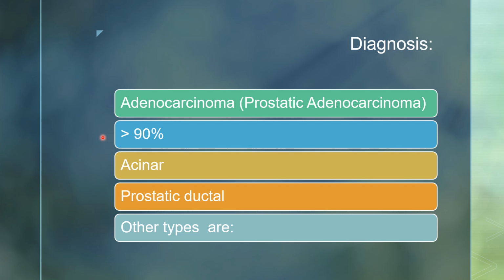You can almost close your eyes and tell anyone who walks into your office and says they have been diagnosed with prostatic cancer, that, okay, you are likely having prostatic adenocarcinoma, because greater than 90% of prostatic cancer diagnosed will be adenocarcinoma, prostatic adenocarcinoma or adenocarcinoma of the prostate.